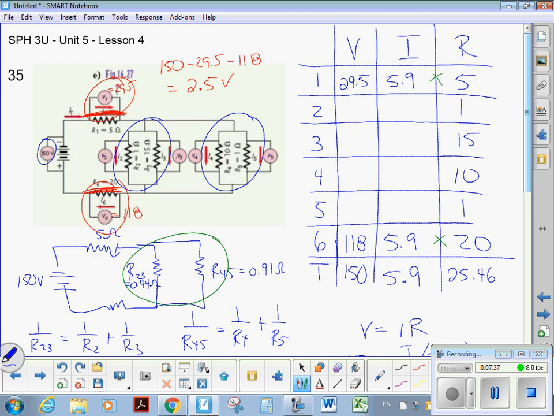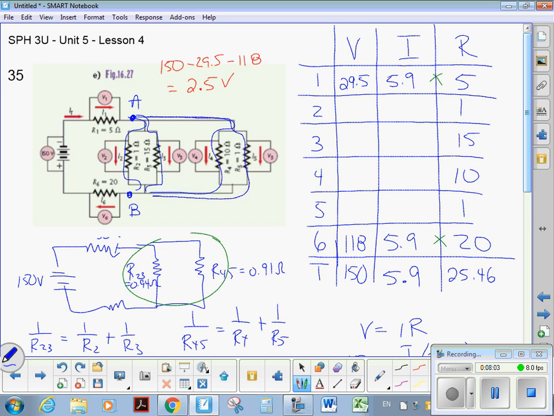Now, when we analyze our picture here, I'm going to clean this up so I can see it a little bit better. If you're an electron that gets to this point right here, point A, and I want to get over here to point B, I see that I have 1 way to go, 2 ways to go, 3 ways, and 4 ways.